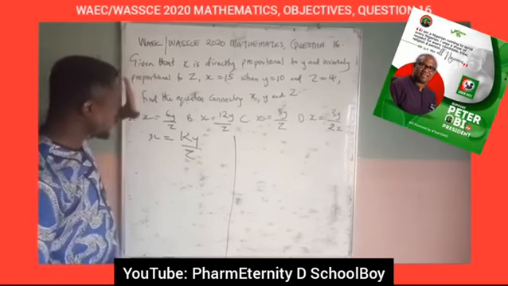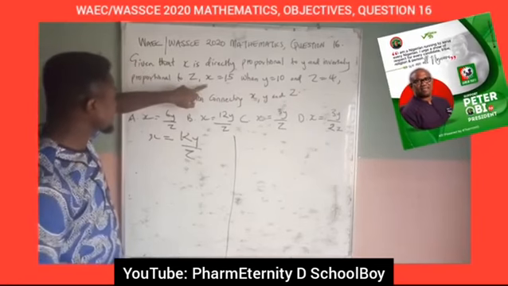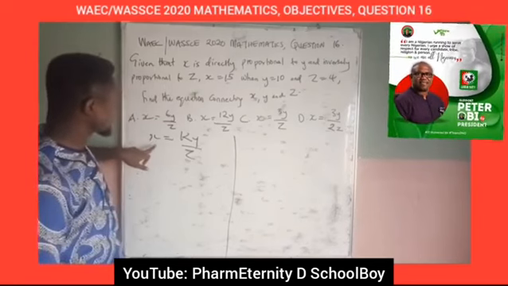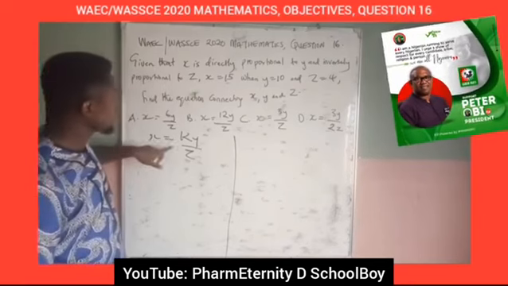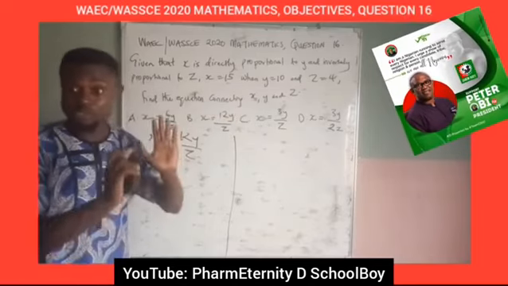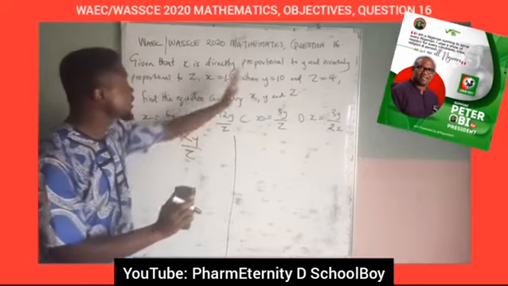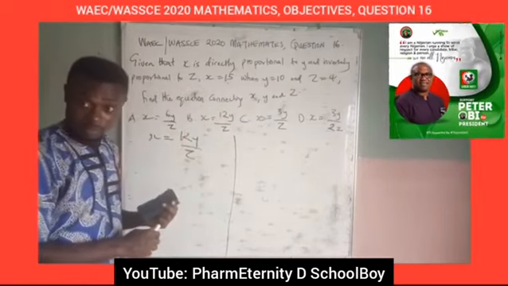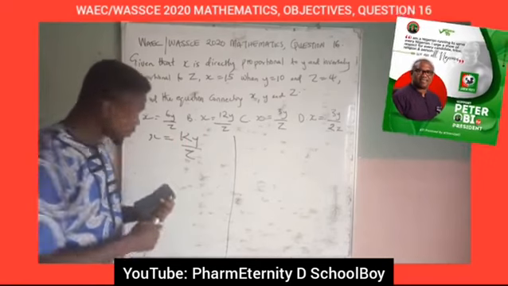Let me take it step by step. When x is 15, y is 10, and z is 4, so let's substitute them.